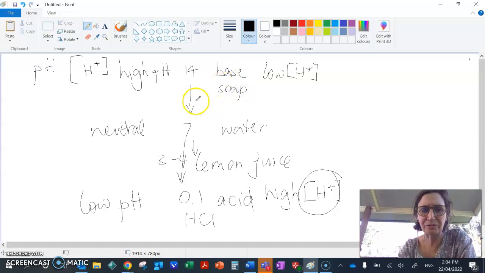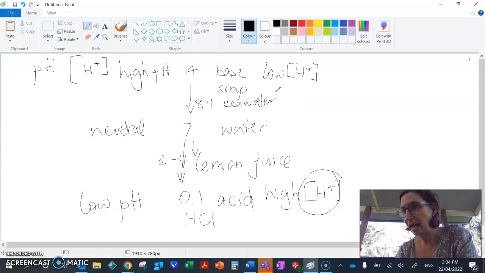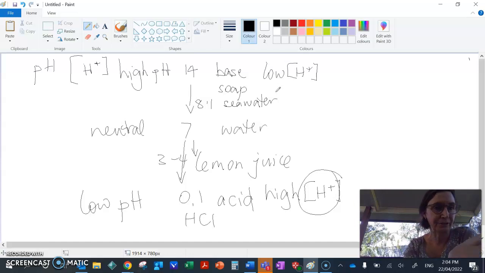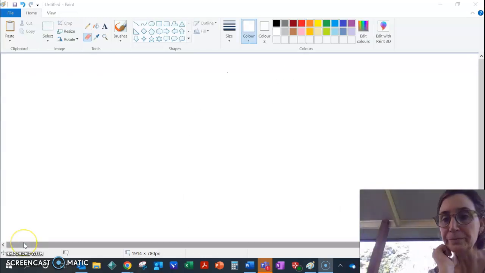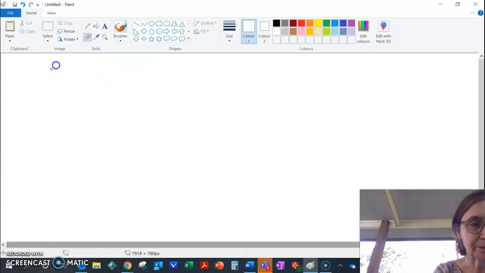And then the one which is really important to us is seawater, which is about pH 8.1. So it's a little bit basic. So that's our first concept.